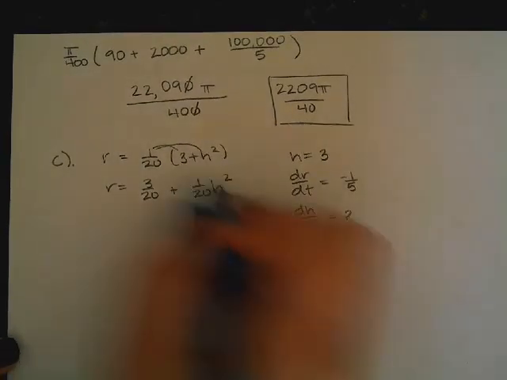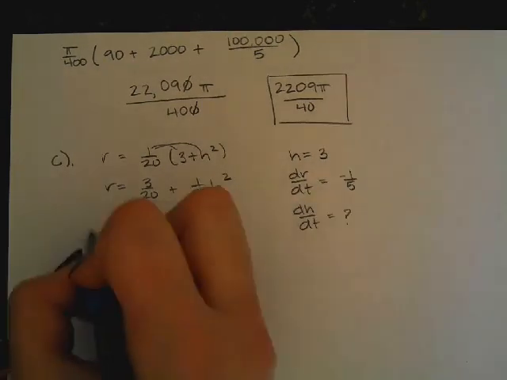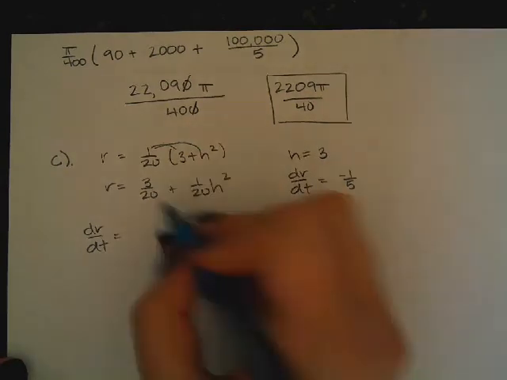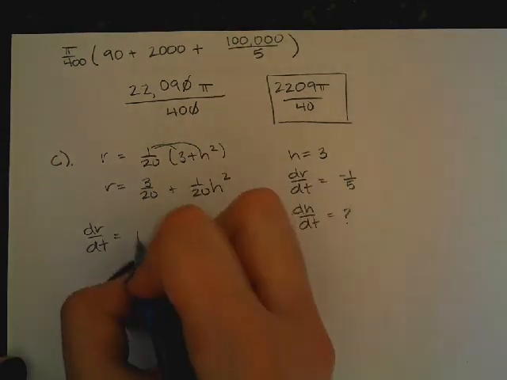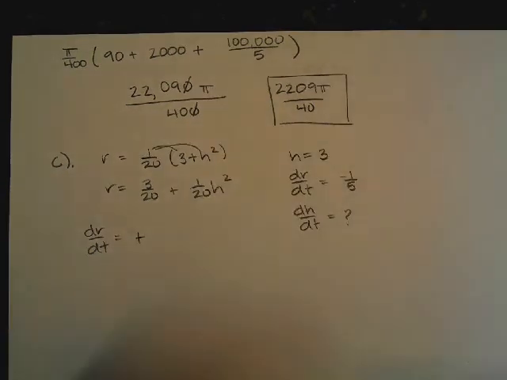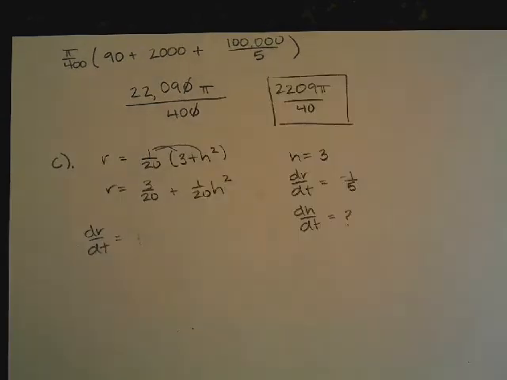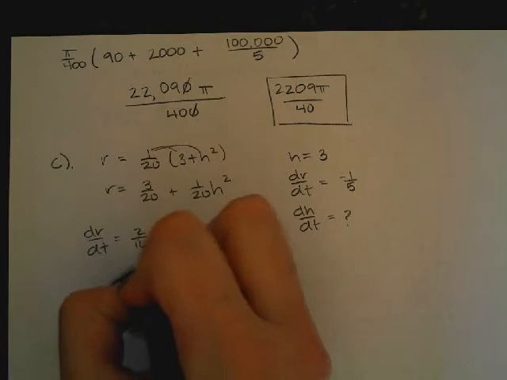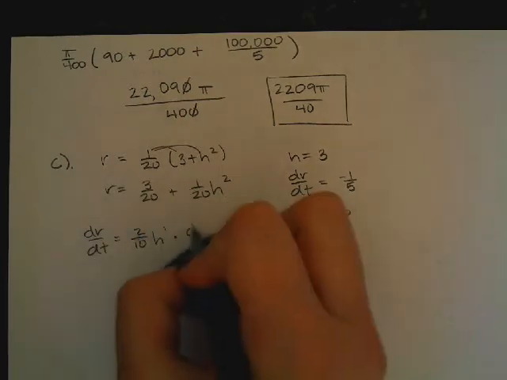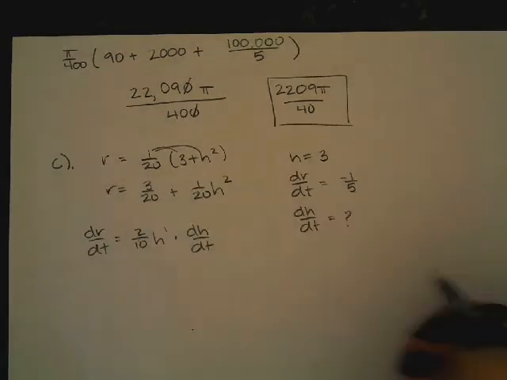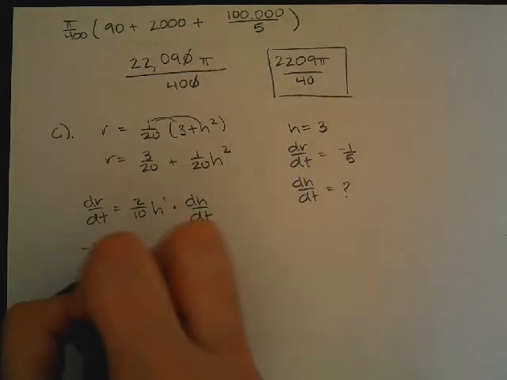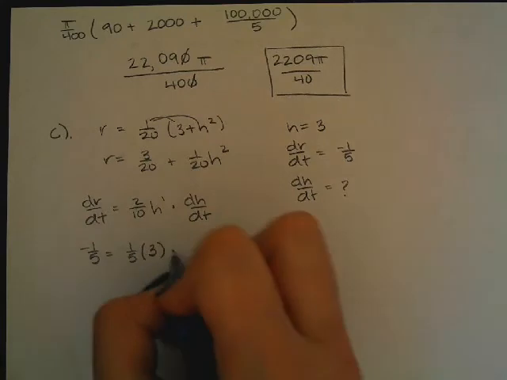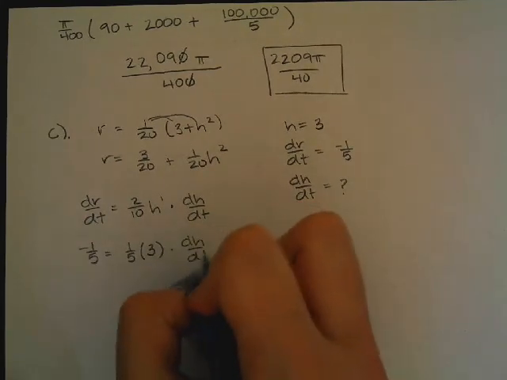So I'm going to go ahead and take the derivative of this. So the derivative of R is dr dt. The derivative of 3 over 20 is 0. I don't need to write the plus. The derivative of 1/20th h squared would be 2/20ths h to the 1st times dh dt. So I've got -1/5 equals 1/5 times 3 times dh dt.